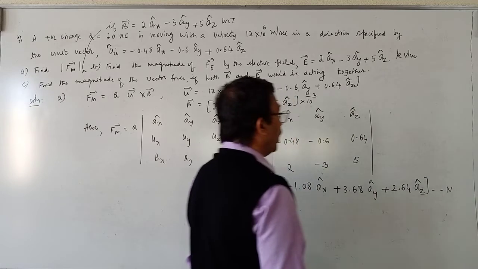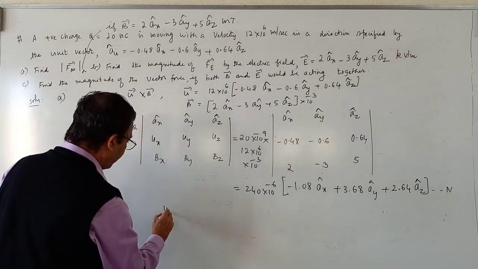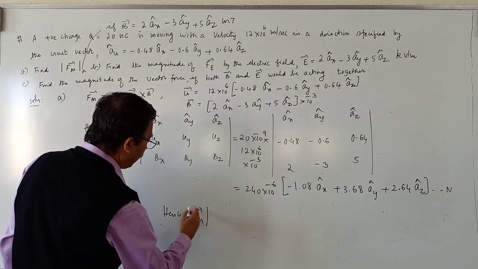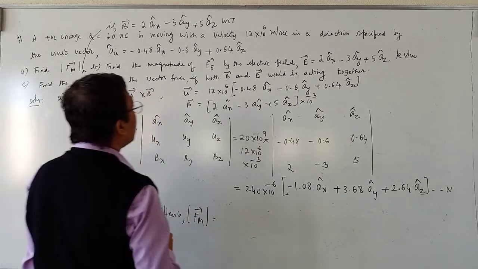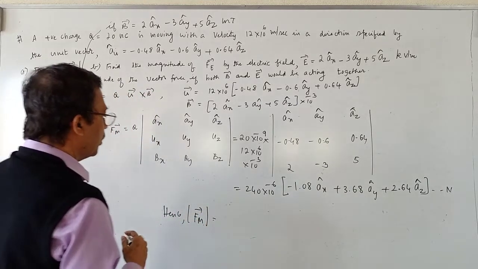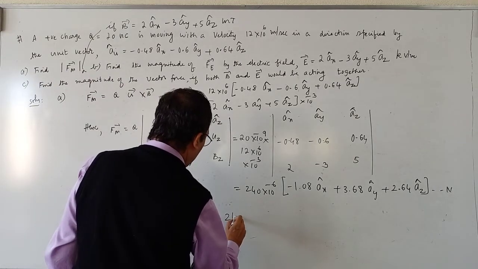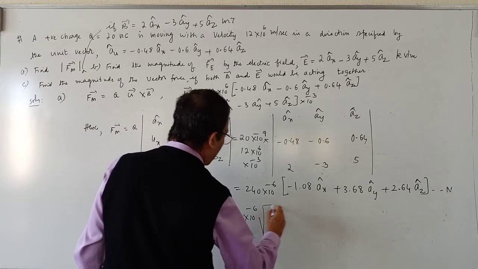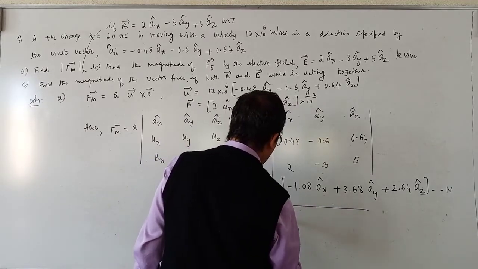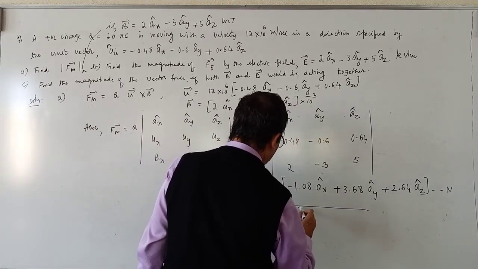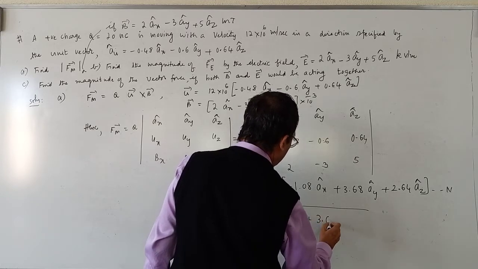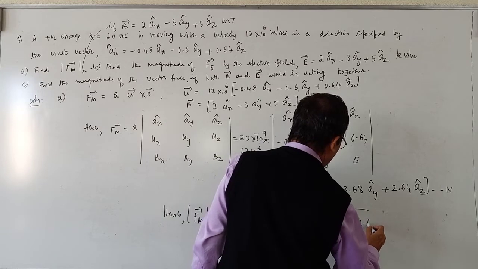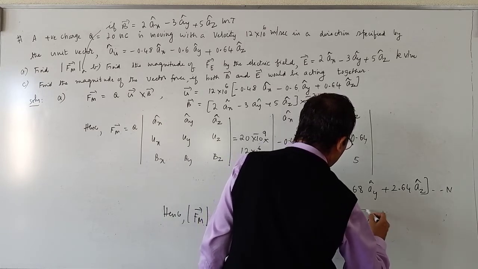Now we want to find what is the magnitude. Hence magnitude of vector Fm is equal to 240 into 10 to the power minus 6 into square root of minus 1.08 whole square plus 3.68 whole square plus 2.64 whole square.